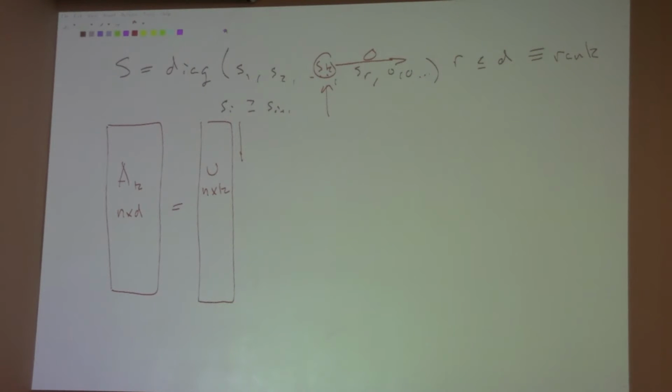I think I want to pad some stuff with zeros here. This is sk. Let me draw these and make sure I get this right. And this is V transpose k. This one you want the rows of here. So this is going to be k times d.